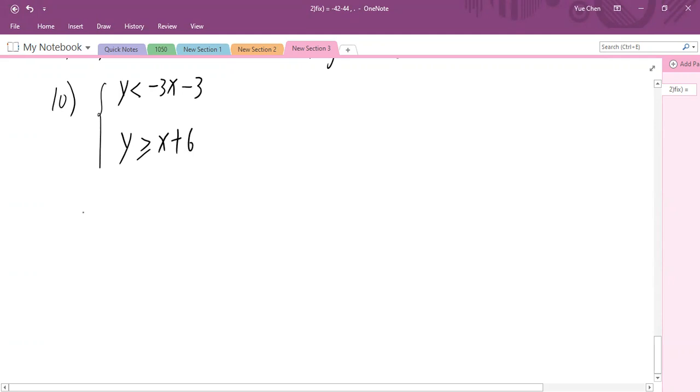So the first one, let's look at the boundary, y equals -3x minus 3. We need to choose two points to locate this graph. When x equals 0, y equals -3. When y equals 0, x equals -1.